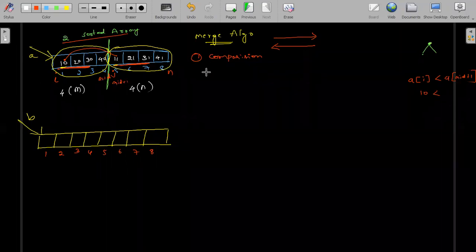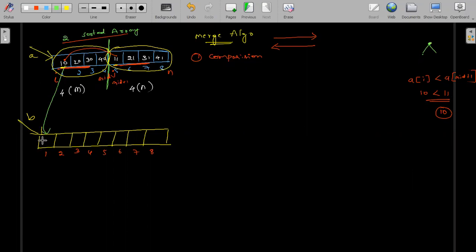Mid plus 1 is nothing but 11. 10 is less than 11. It indicates very clearly which is lesser: 10 is lesser. That is the reason it will again identify the least element in both sorted arrays. Please observe, it will move this element, 10, to the first index and store it over here. This is the procedure.